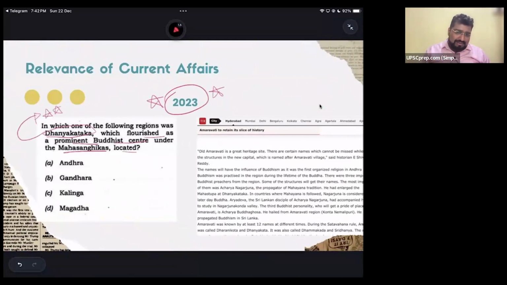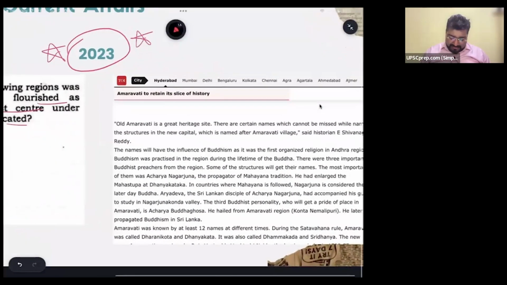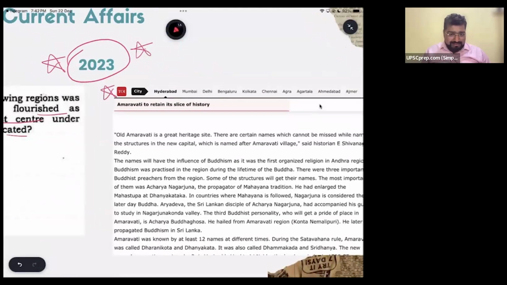Dhanya Kataka is nothing but the old name of Amravati, modern-day Amravati. There was a news article on this particular topic. Though it was in Times of India, the issue around Amravati was a big issue.